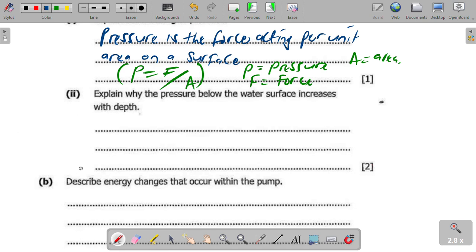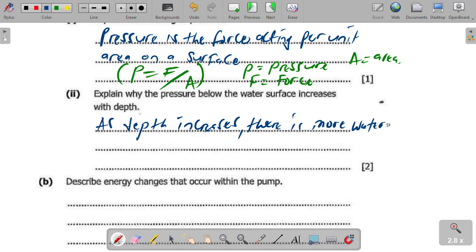Okay, so as depth increases, there is more water above the point.